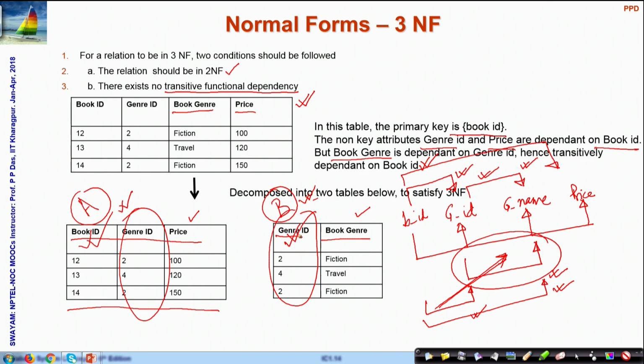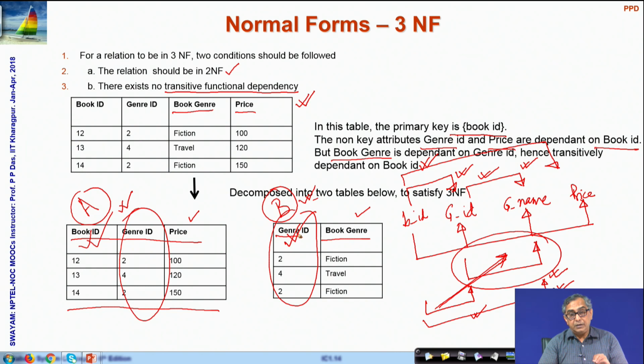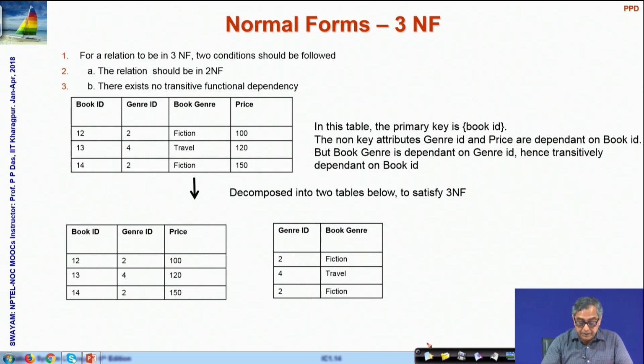Since the common attribute genre ID is a key in table B, genre ID, genre name, book genre, we know that this decomposition is lossless as well, and this is how we have got a better structure. Now, we have the representation of this information in terms of two tables which are in the third normal form. They satisfy the first, second and third normal form conditions.